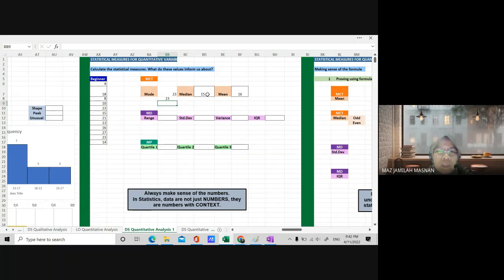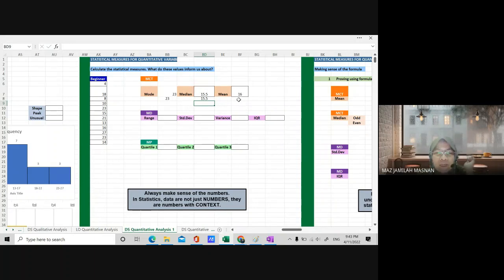What about the median? Same, use equal sign and then MEDIAN, and it will automatically calculate for you 15.5. Remember, in order to get the median, the data needs to be sorted from lowest to highest value, then only you can find the median.